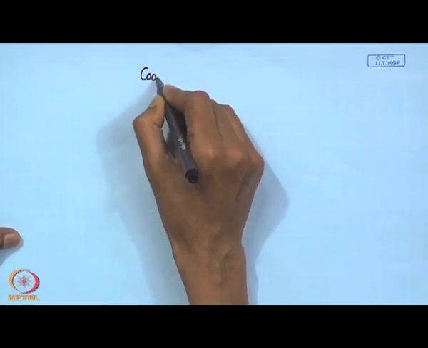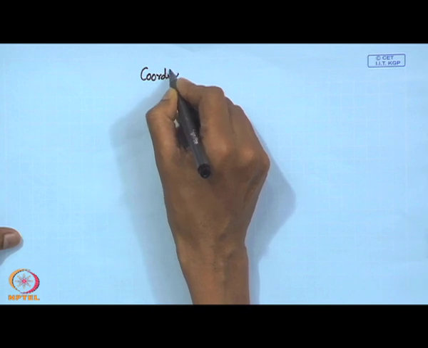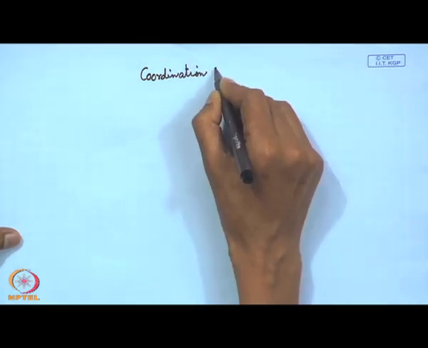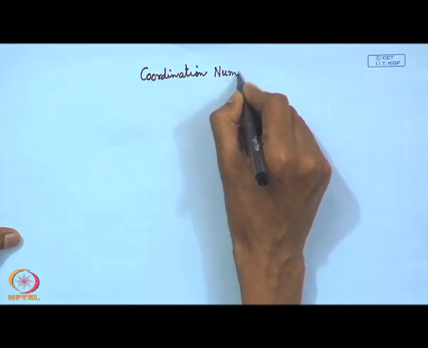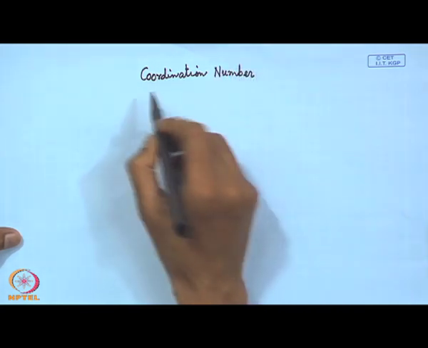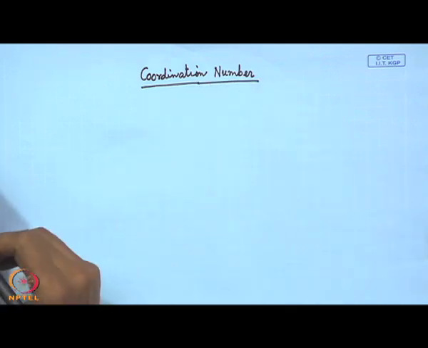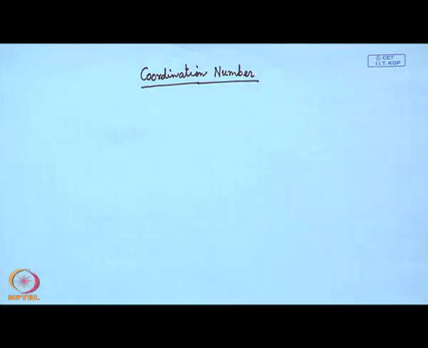Hello everybody. So, today we will see how we can define the coordination number of any metal complex, which is a most general term related to some other species as well.